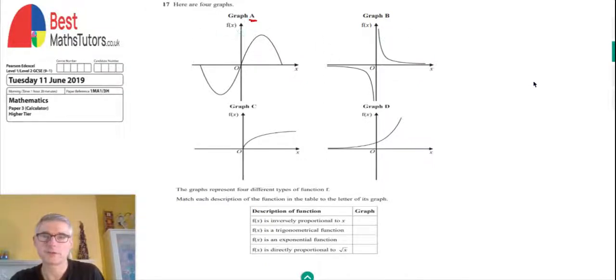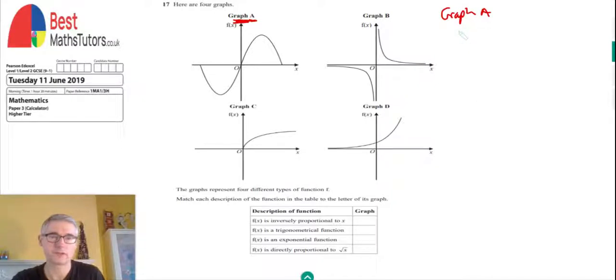So the first one I'm going to look at is graph A, and this one actually is just a case of knowing what type of graphs we've got. We've got to sort of recognize what this is, and this graph A is actually a graph of sine.